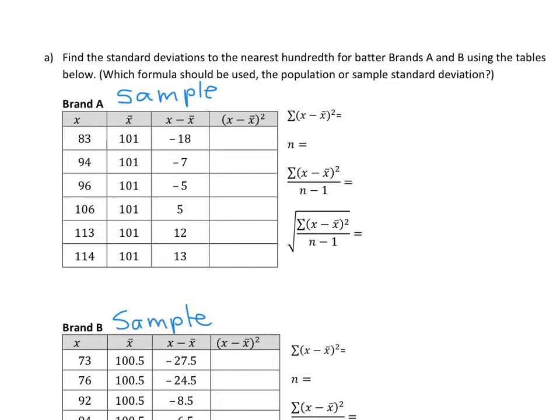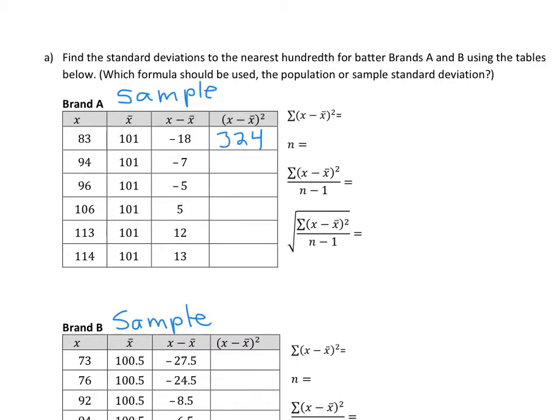So what's done for us here? We've got the values and the mean already written in for us, and then the deviations, which we found on the previous page or two. So now I want to take the deviation from the mean and square it. In your calculator, negative 18 squared is 324.